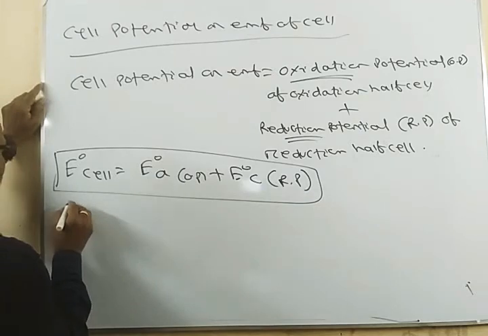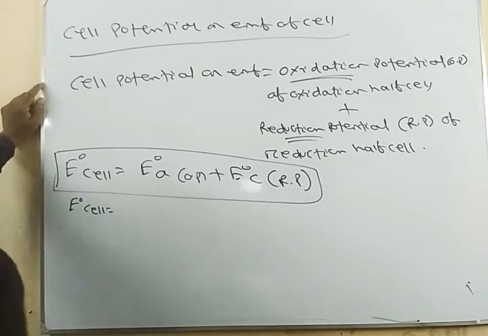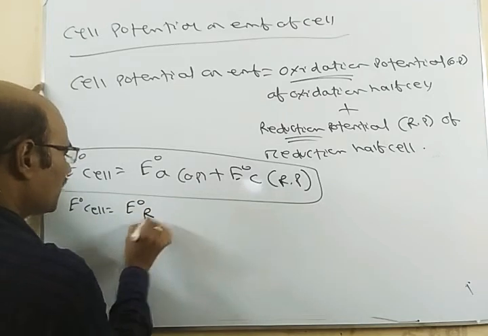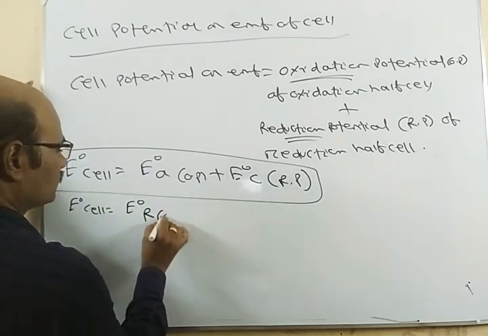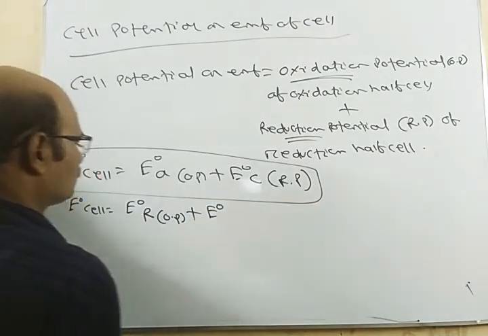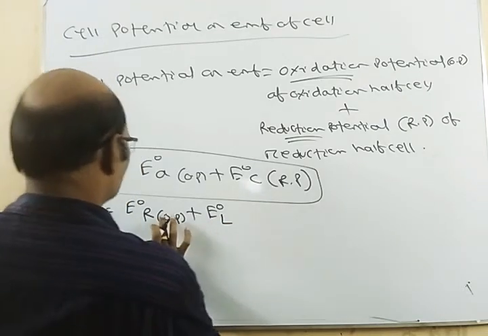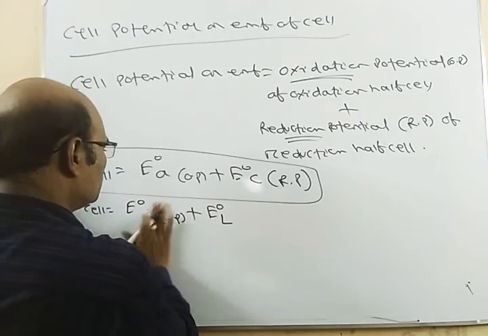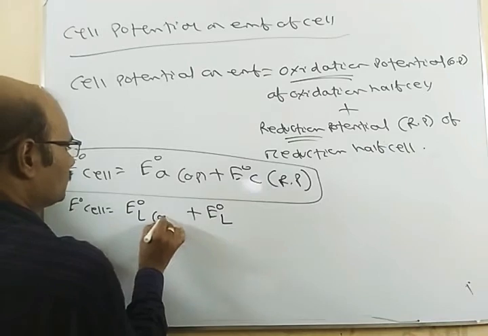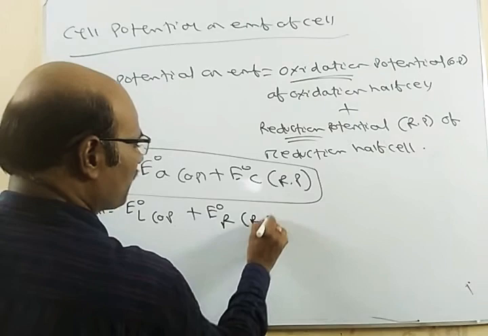Or you can say E cell is equal to E right OP plus E left RP. E right, E left, anode left OP plus E right RP.